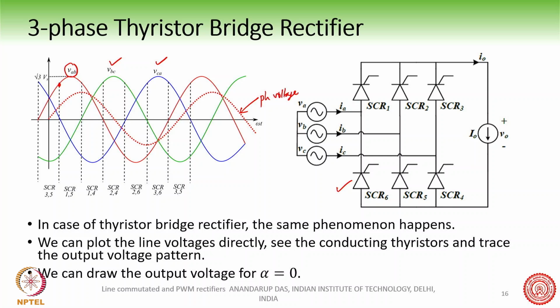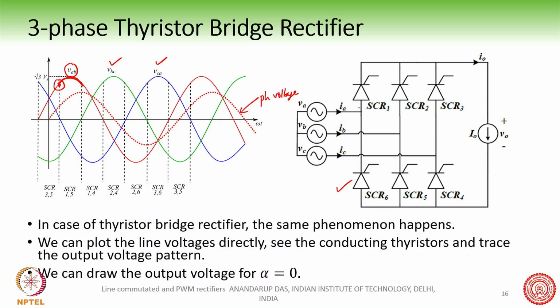In the line voltages, wherever the line voltage becomes the peak maximum, here VAB is the maximum, that is the natural starting point for the thyristors SCR1 and SCR5 to conduct.